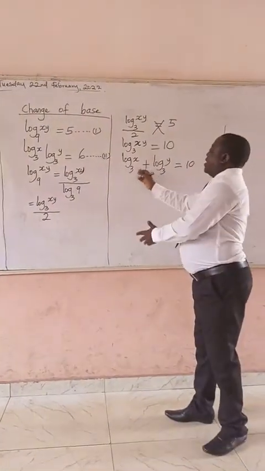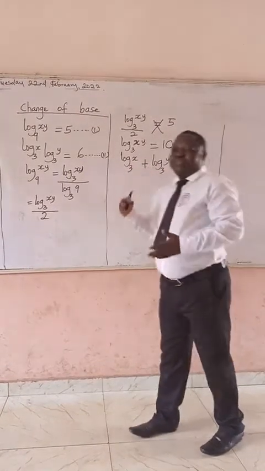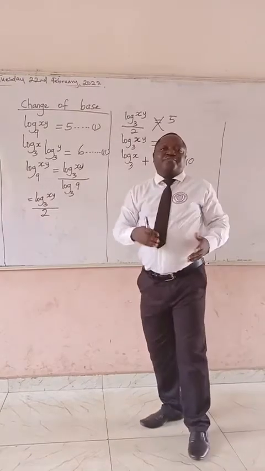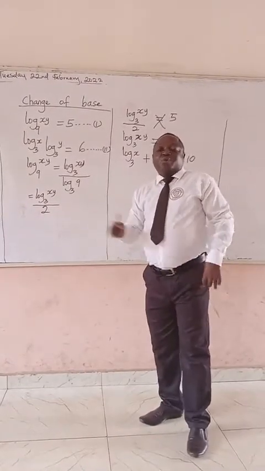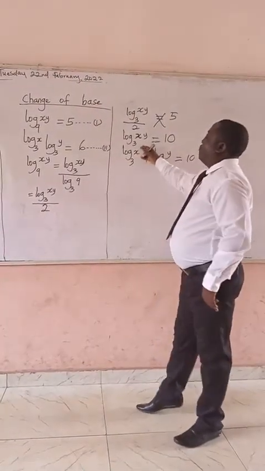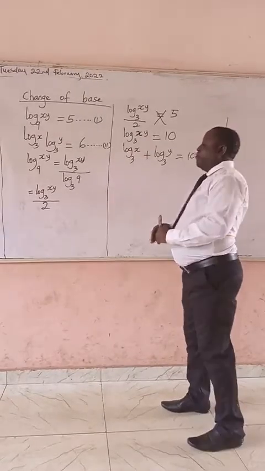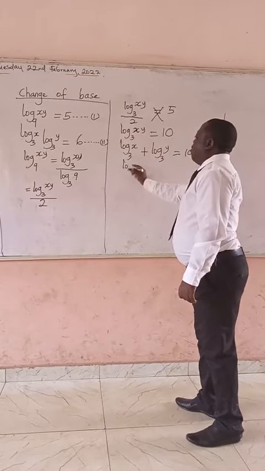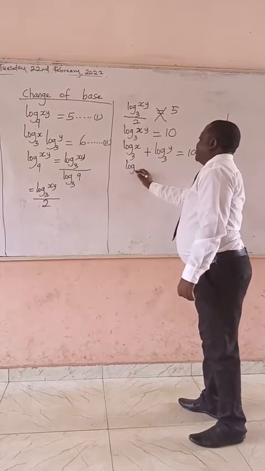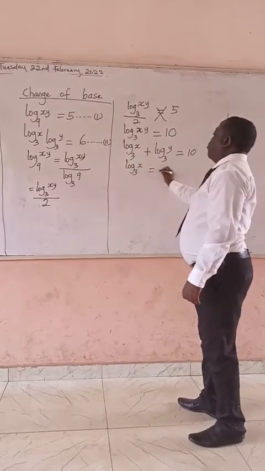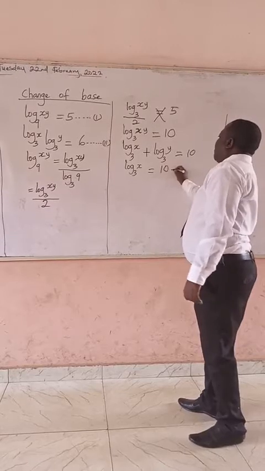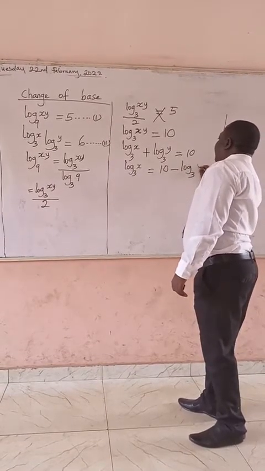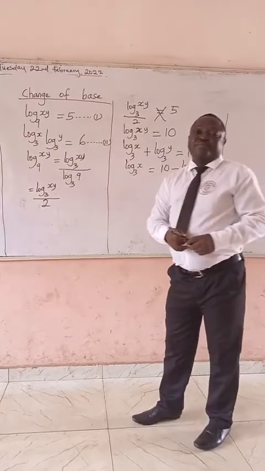I can now make either logarithm of x in base 3 or logarithm of y in base 3 the subject of the formula. So I want to make logarithm of x in base 3 the subject. So logarithm of x in base 3 is equal to 10 minus logarithm of y in base 3.